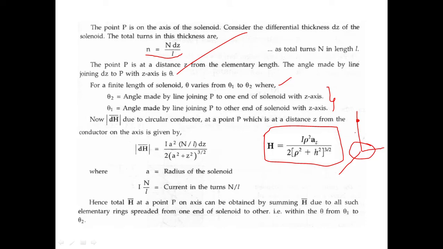When we started with magnetostatics we did this derivation, so you can refer to the previous videos. We have H vector is equal to I rho square a_z by 2 (rho square plus h square) to the power 3 by 2.